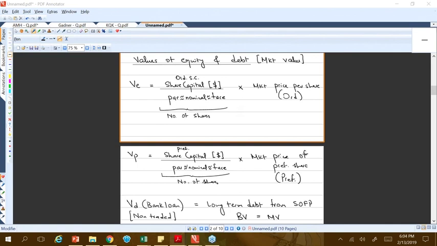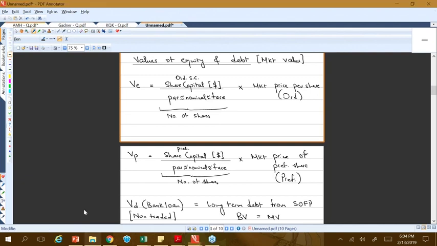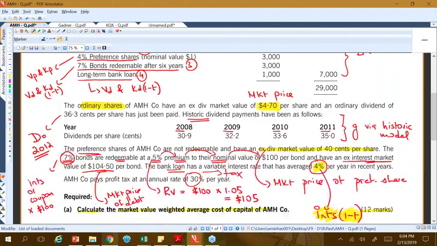Okay, so can I now ask you to please go into this question again, the AMH question, and I'm going to solve this question by using the constructed response workspace, so you get the same experience of the exam.